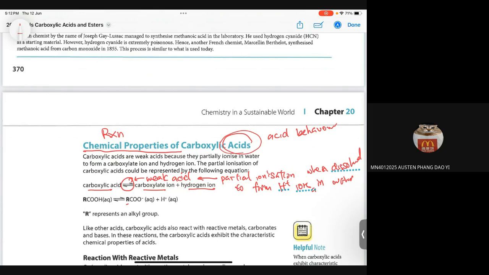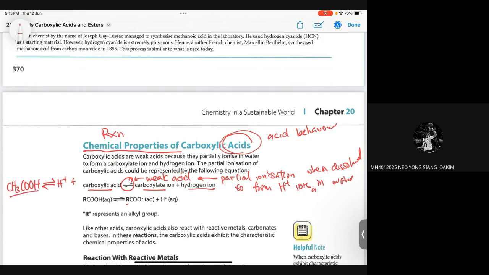Joaquin will help me. CH3COOH. I let it dissolve in water. I have double arrow. What are the 2 ions that we produced? Hydrogen ions, that's the first one, plus carboxylate ion. So what's the formula of carboxylate ion?